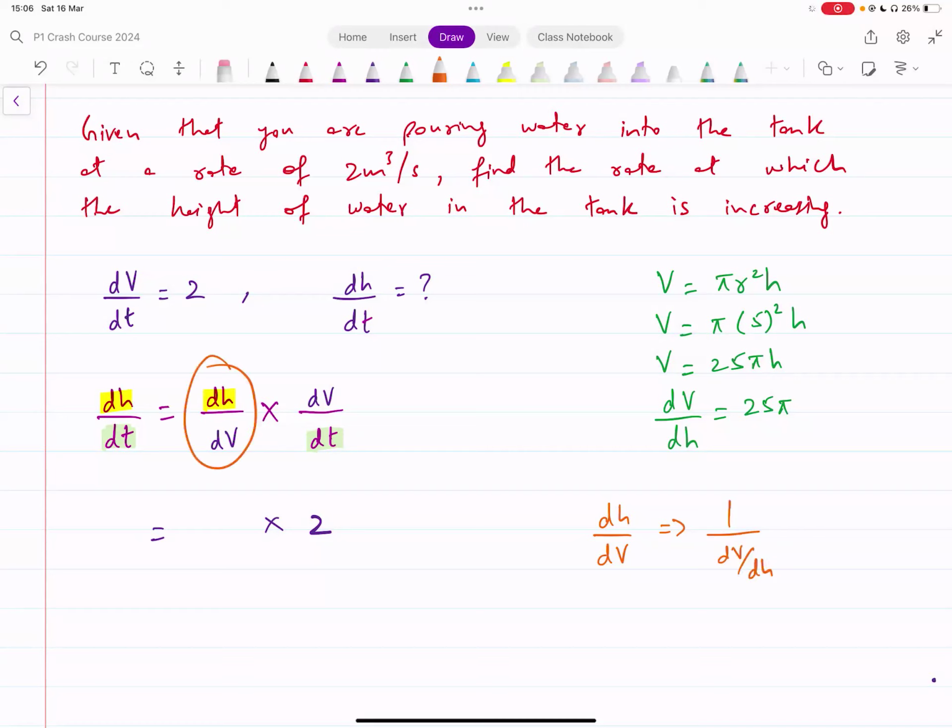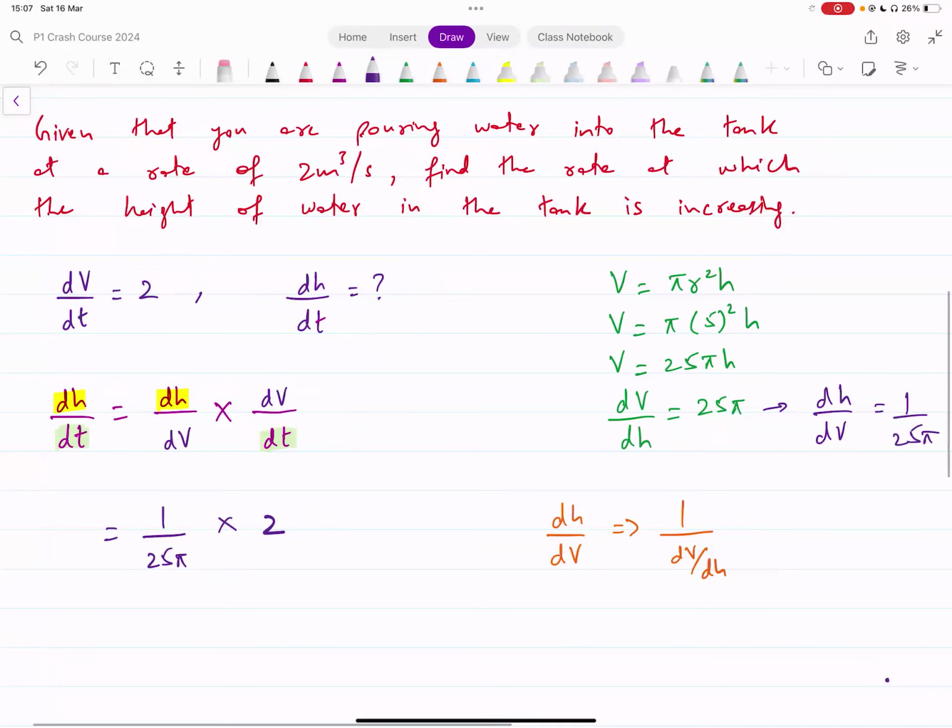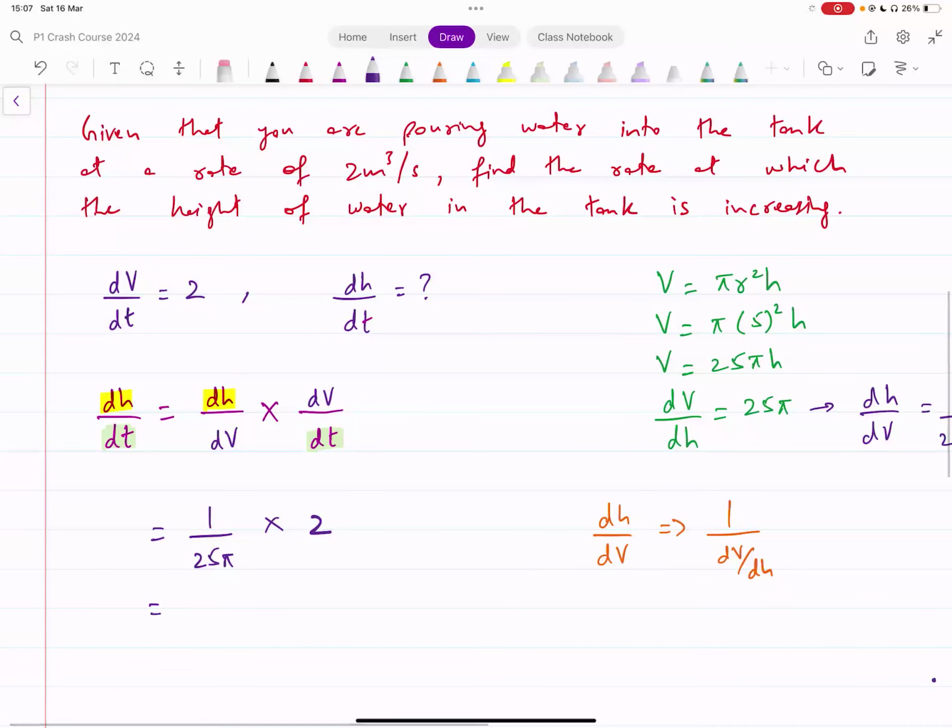If we take the reciprocal of dv over dh, which is 25 pi, dh over dv is going to be 1 over 25 pi. We just take the reciprocal of that. So we get dh over dv as 1 over 25 pi, and that's what we input here. That gives us 2 over 25 pi.